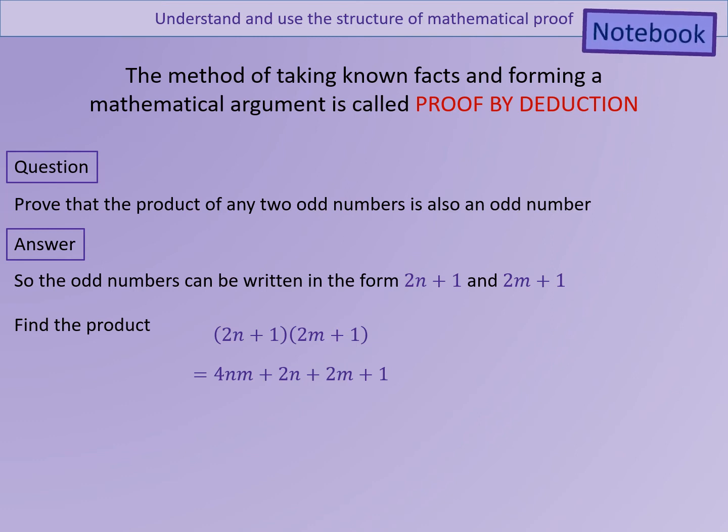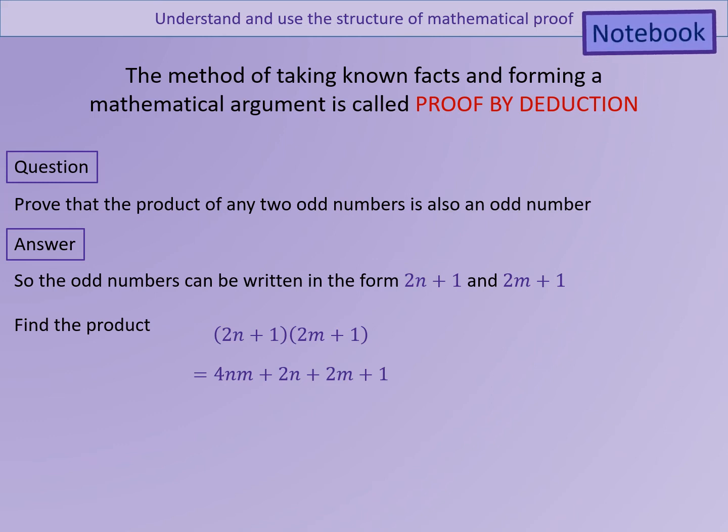And you can do it a few ways. I mean, your explanation skills are now where you're going to get any final marks for this question. So you could describe the fact that 4nm has to be an even number because it's a multiple of 4. You could then describe that 2n has to be an even number because it's a multiple of 2.